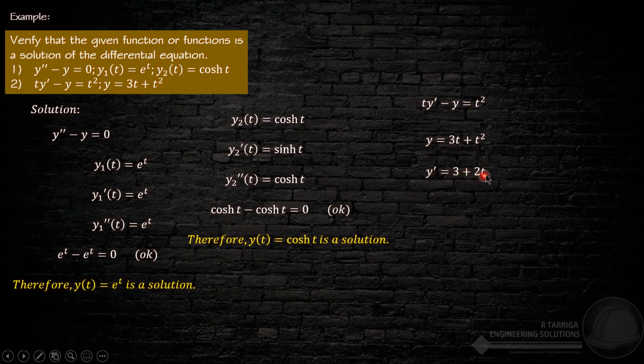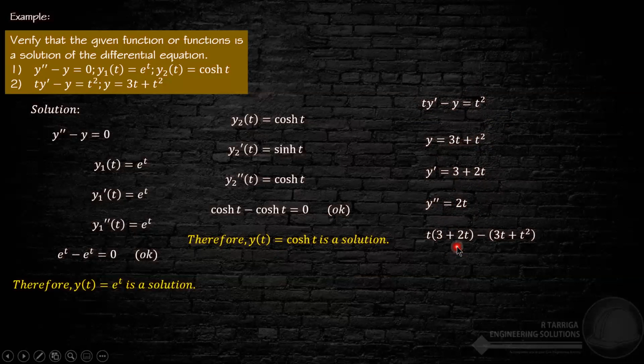So y prime is 3 plus 2t. Differentiating more, y double prime is equal to 2t. Using the relationship again, t times y prime, so t times 3 plus 2t, minus y, which is 3t plus t squared.